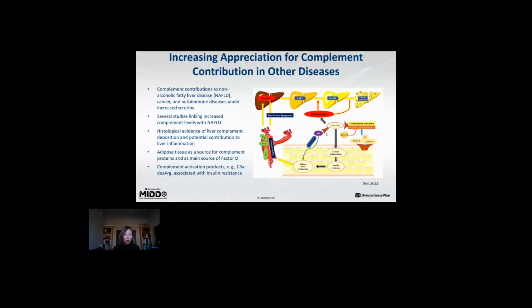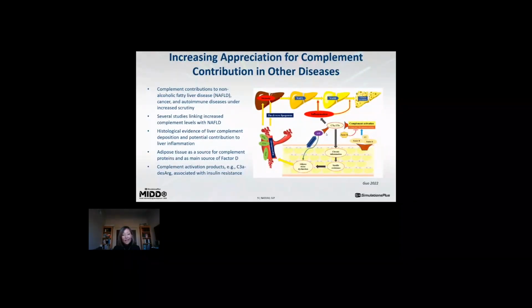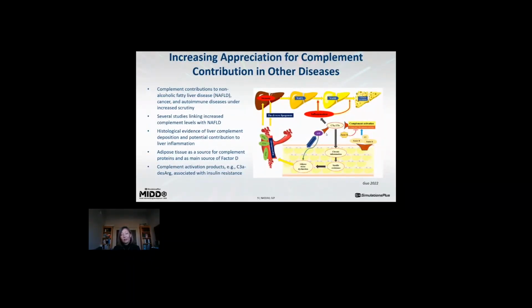And as well, we know that NAFLD is in part characterized by inflammation. So complement, in addition to the lysis pathway that we're sort of focusing on for PNH, there's also the inflammatory pathway mediated by C3 and C5a. And so that is also a way in which it can directly impact the liver.